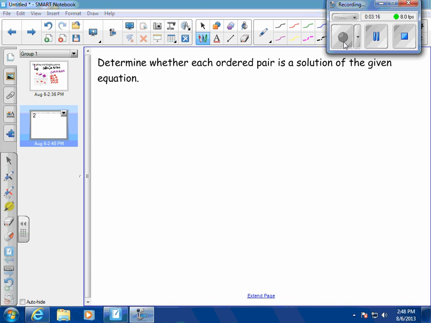The next thing we'll be doing in section 1.1 is determining whether each ordered pair is a solution of the given equation.